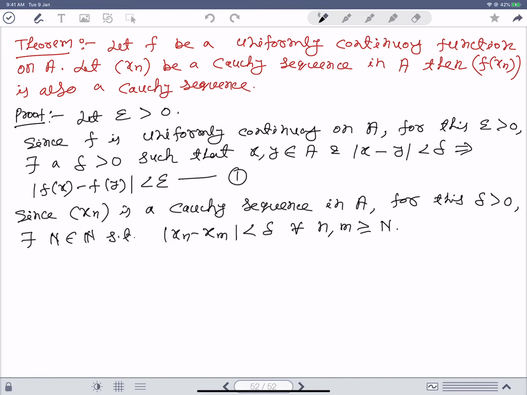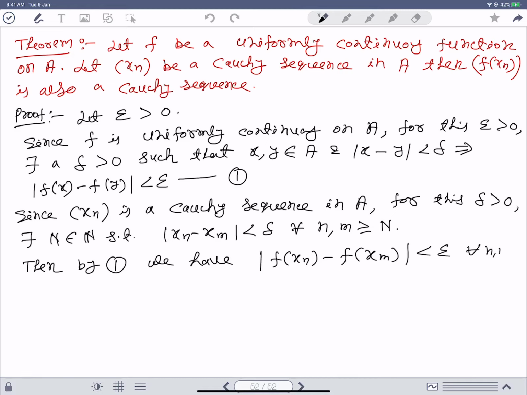Therefore, by (1) we have |f(xn) minus f(xm)| less than epsilon for all n, m bigger or equal to N. That is, we chose an arbitrary epsilon bigger than 0, and for this epsilon we get a natural number N such that |f(xn) minus f(xm)| less than epsilon for all n, m bigger or equal to N. Thus the sequence f of xn is a Cauchy sequence.